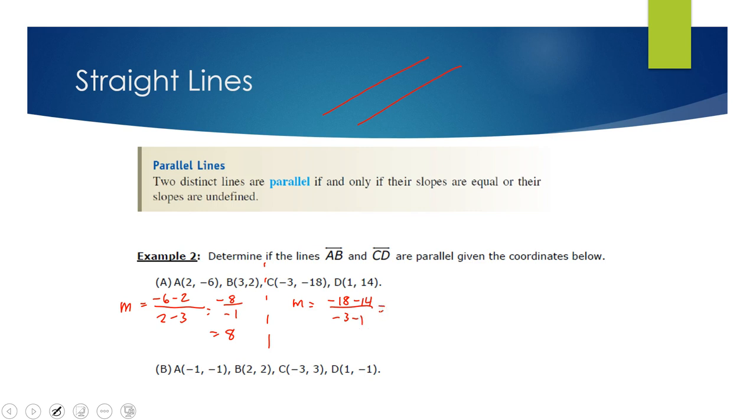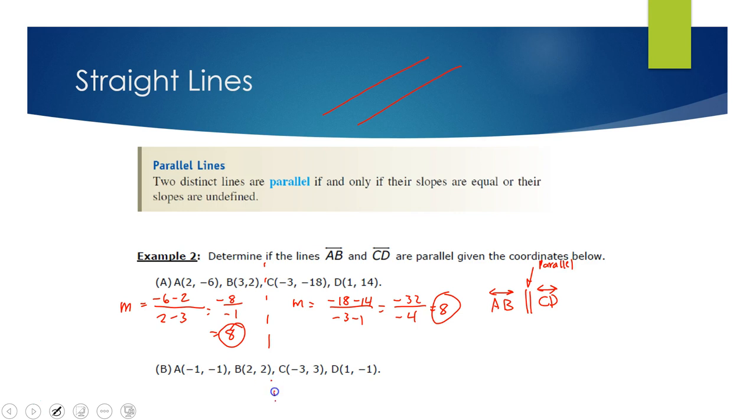That equals a negative 32 over a negative 4, which is 8. They're both the same slope, so in this case, AB is parallel to CD. That's the official symbol we use for parallel. You may see it from time to time.